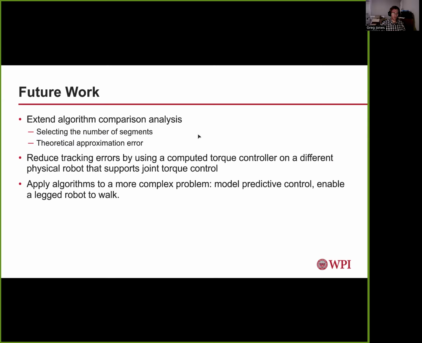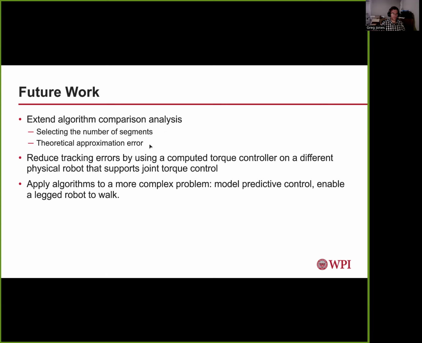And then future work would be to extend the comparison analysis between the two algorithms, with a more thorough analysis on the number of segments that can be used and what's a good value for that.